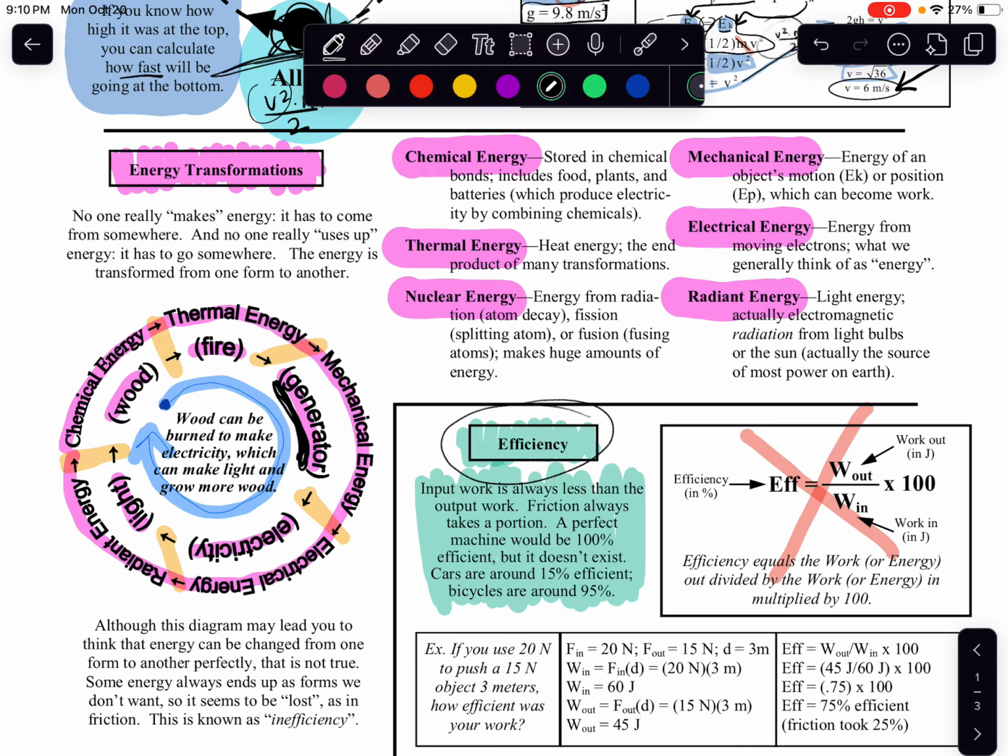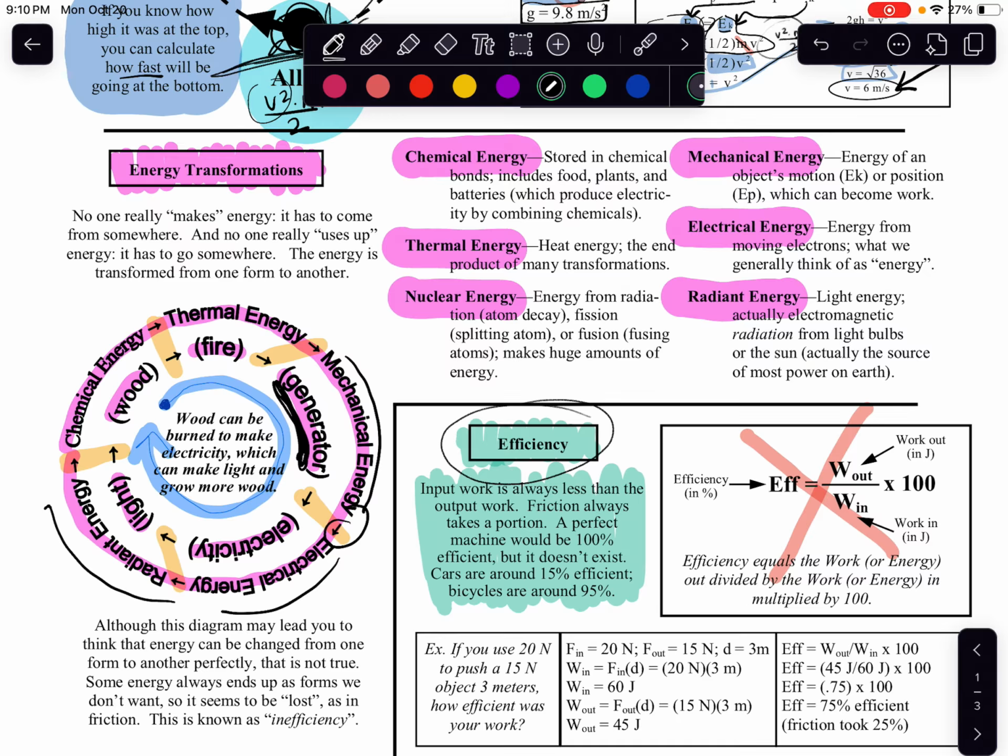That generator is using mechanical energy, moving parts in some way, shape, or form. Somehow those parts are moving. Again, how? Well, that's coming from preceding energy sources. So you've got to start somewhere. But we can take mechanical energy, like in the example of a generator, and turn it into electrical energy, aka electricity.